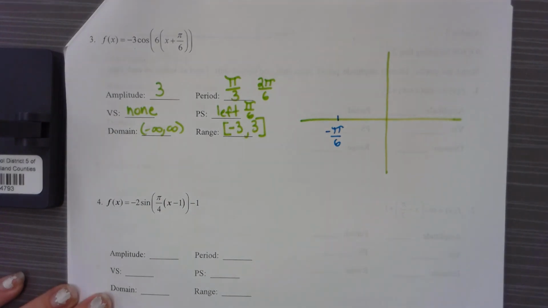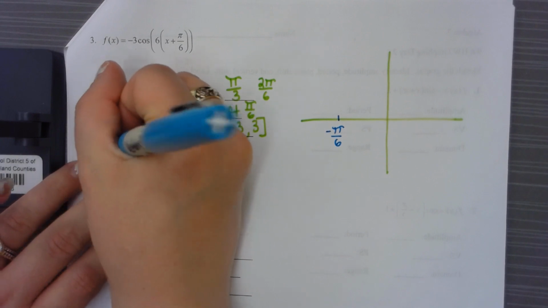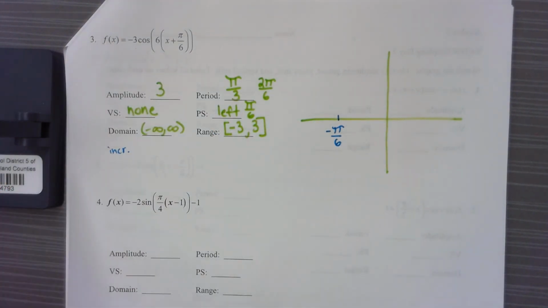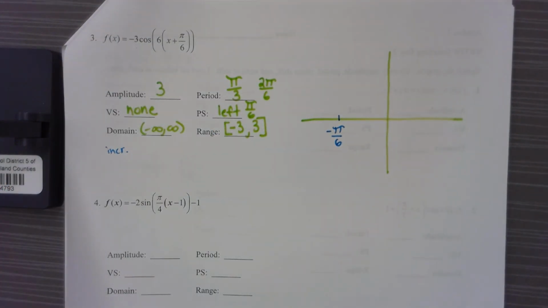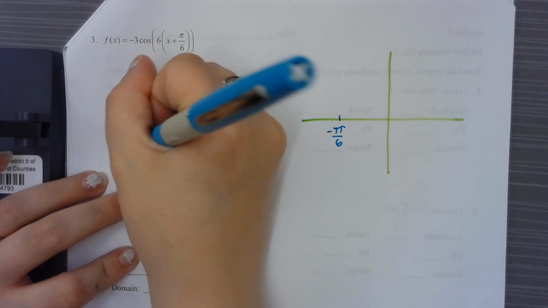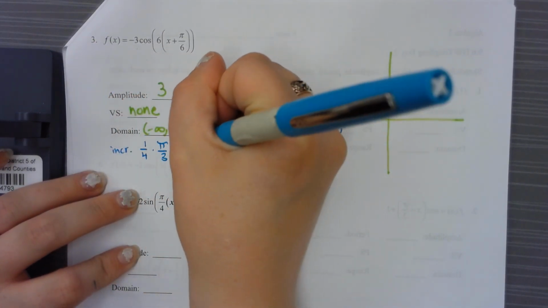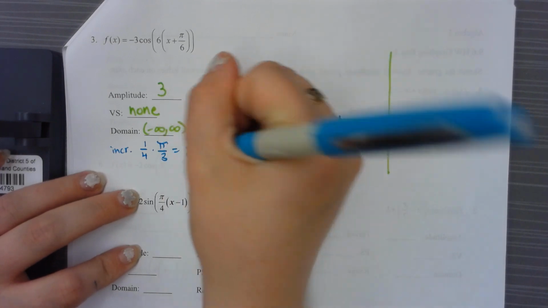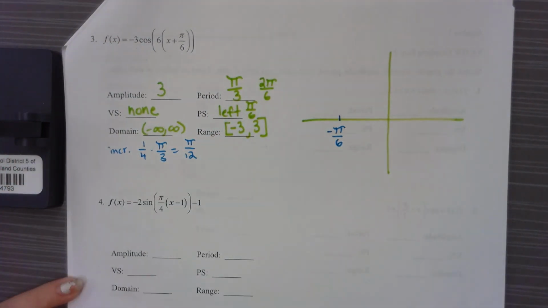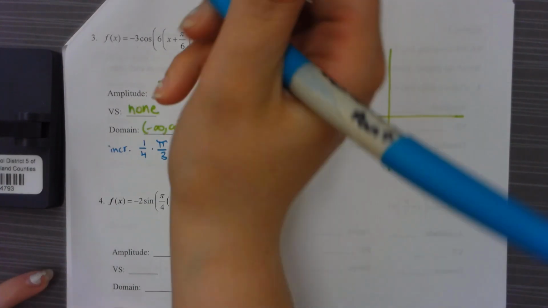Okay. And before I do that, I do need to actually find my increments. So to find my increments, what am I going to do? Yeah, so 1/4 times the period. So it's going to be pi over 12. Yes, there is also a reflection.